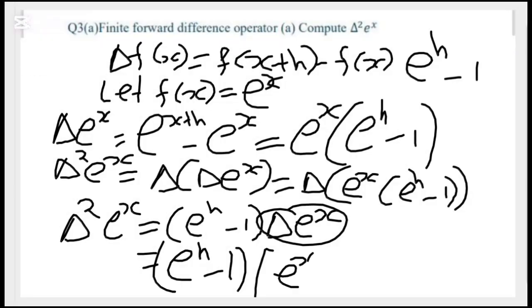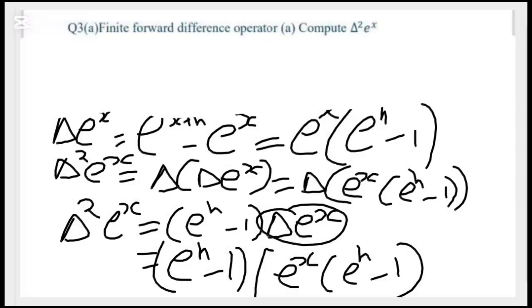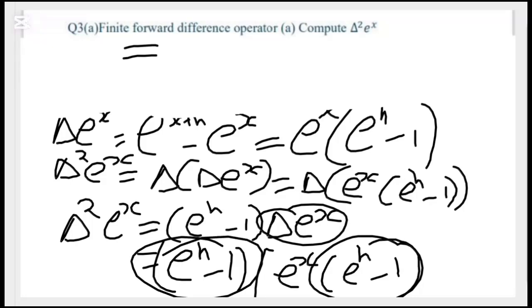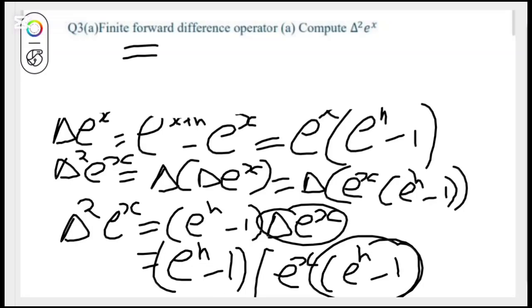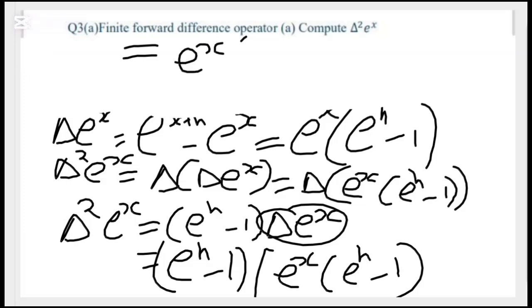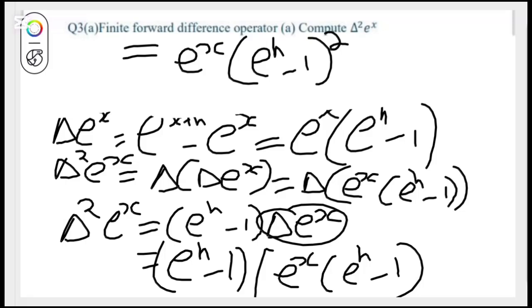So I will say e to the x multiplied by e to the h minus 1. Now this will be equal to, since e to the h minus 1 appears twice, I can say e to the x multiplied by e to the h minus 1 whole squared.